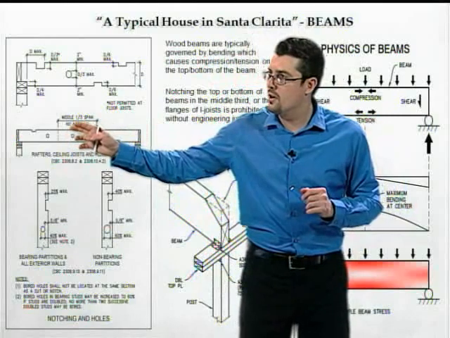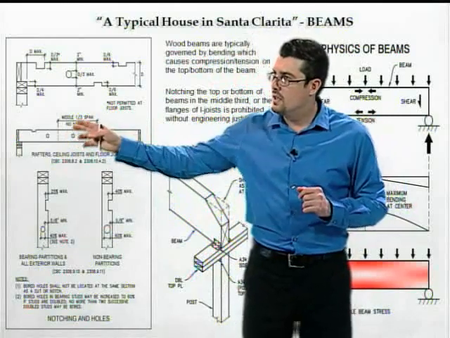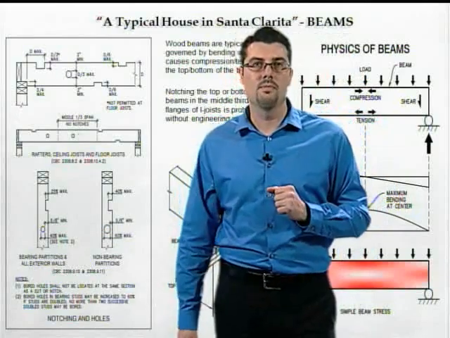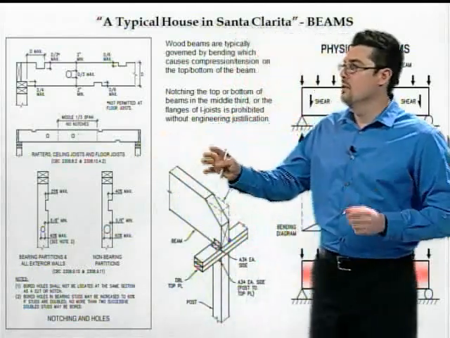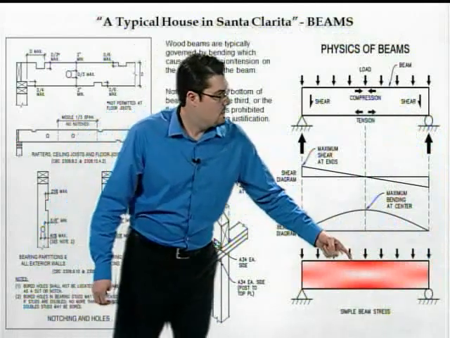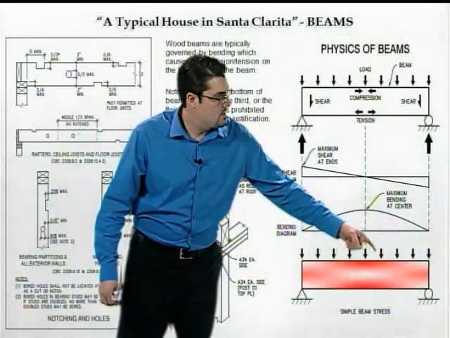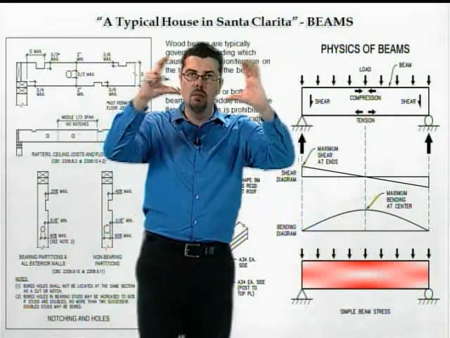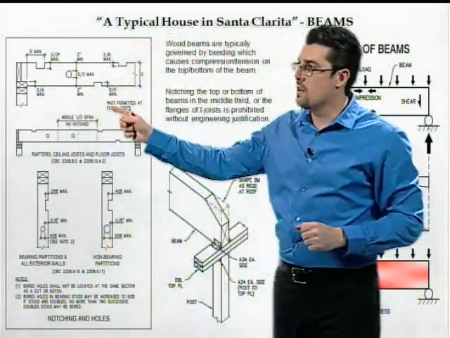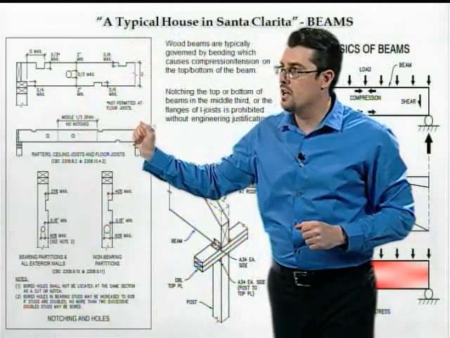So you'll notice here, in the middle of a beam, the code does not allow notching in the middle of the beam. Now, why is that? Well, going right back to our example here, notice where the highest point of stress is on the beam. Middle part of the beam, top and bottom. And so that's exactly why the code is not going to allow you to notch it.